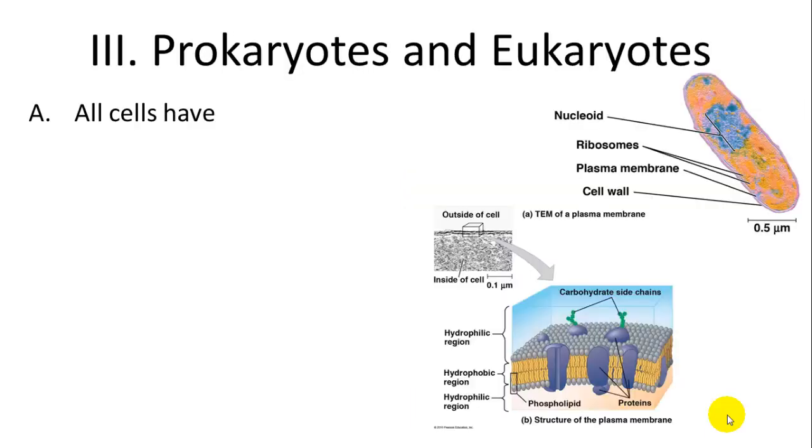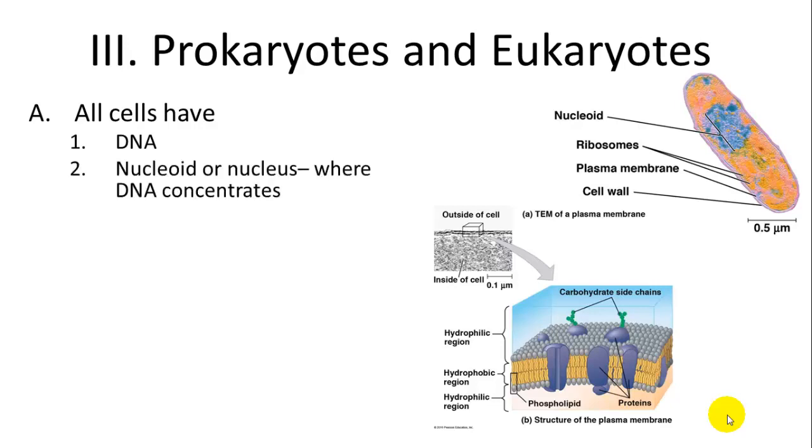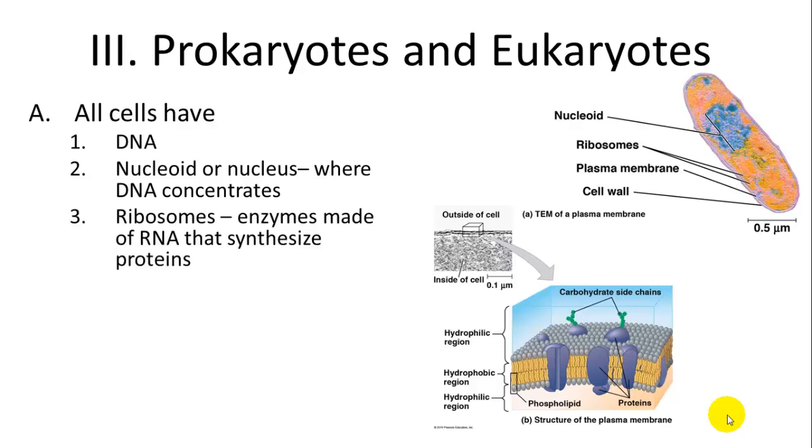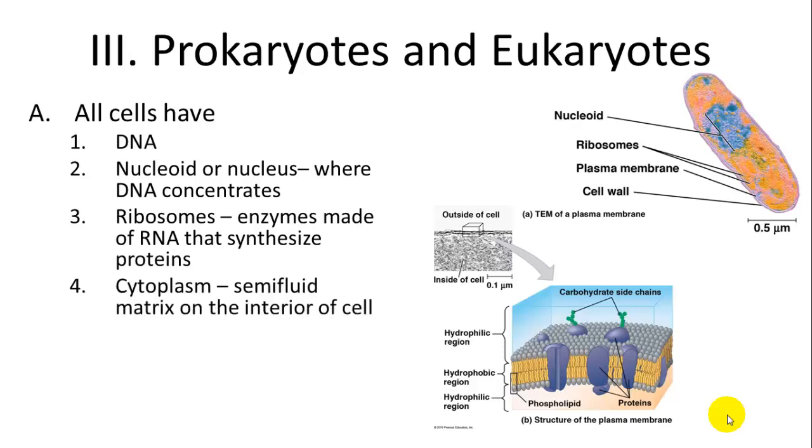So what have we learned about cells? First of all, we can generalize a few characteristics about all cells. All cells have DNA. That's part of the inheritance, which we talked about before. All cells have a concentrated area where the DNA is, either the nucleoid or the nucleus. All cells have ribosomes. Ribosomes are necessary for making proteins, which are the functional part of the cell, so you have to have ribosomes.